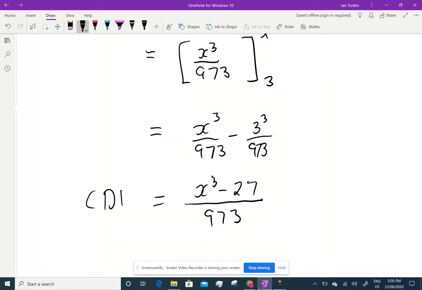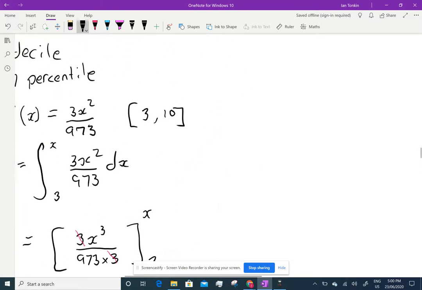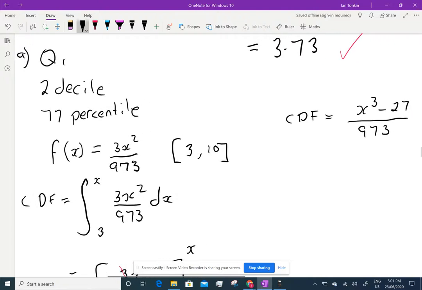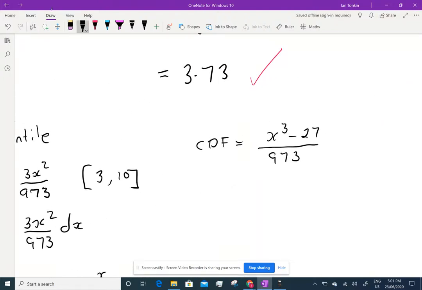Once I've got that, I'm going to use it to answer these three questions. So the CDF equals x cubed minus 27 on 973. For the first one, I want to work out Q1. Q1 is 25%, 0.25, 25 on 100, or better still, a quarter. So x cubed minus 27 on 973 equals a quarter.